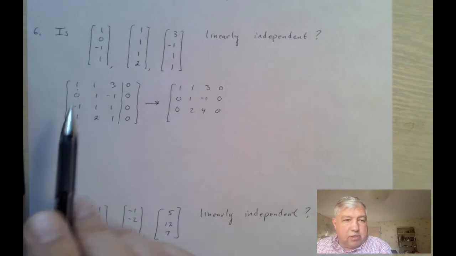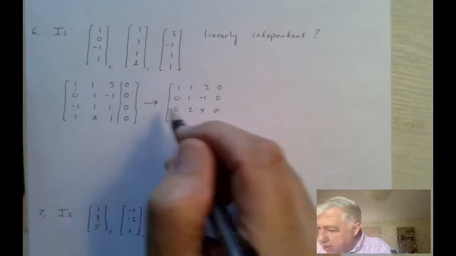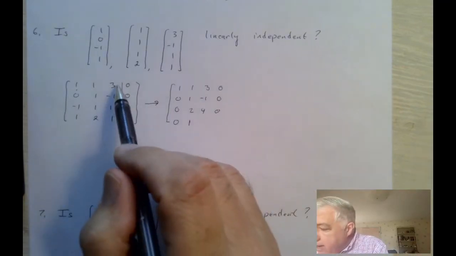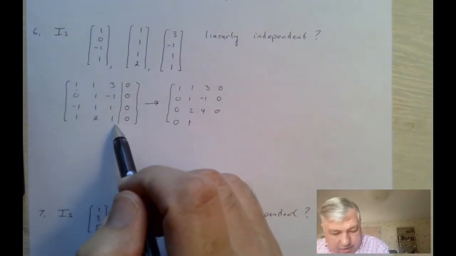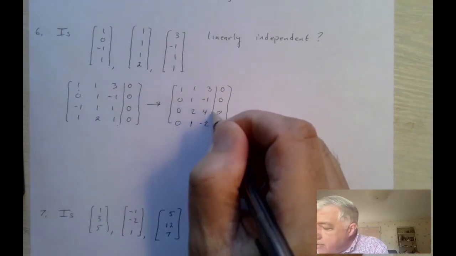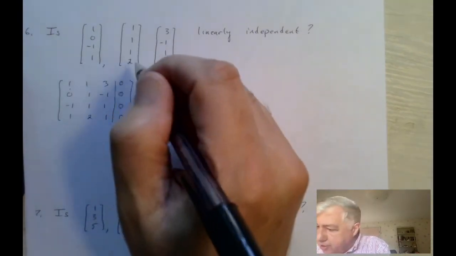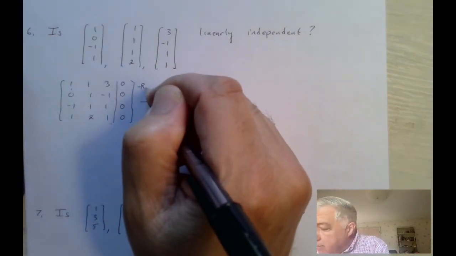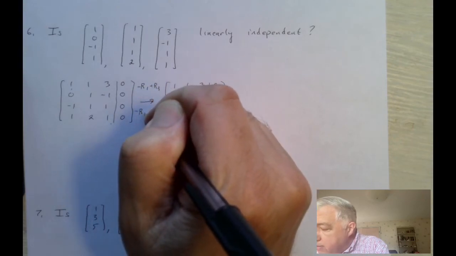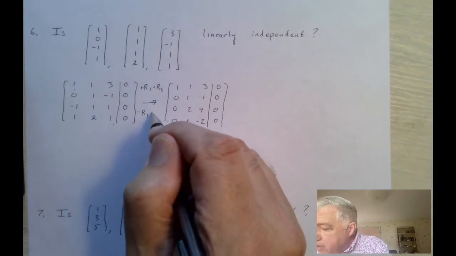Negative 1 plus 1 is 0. Negative 1 plus 2 is 1. Negative 3 plus 1 is negative 2. And then we have a 0 here. So this was R1 plus R3 and negative R1 plus R4.